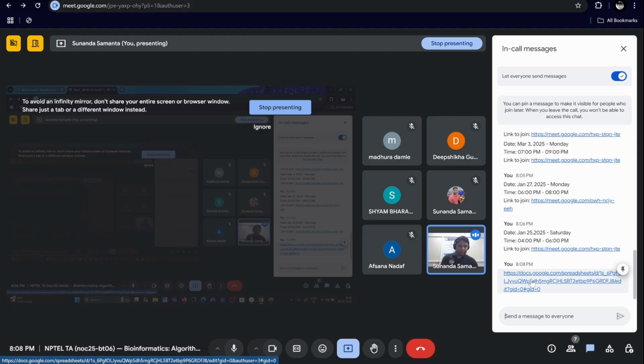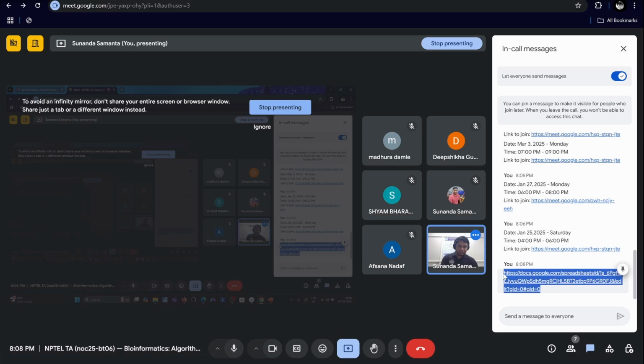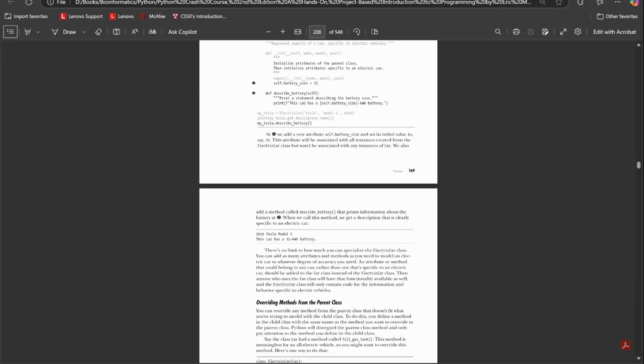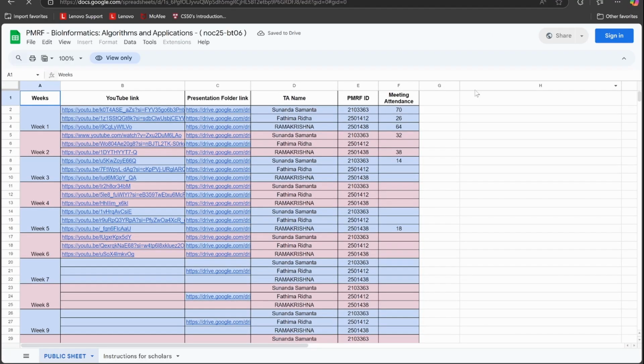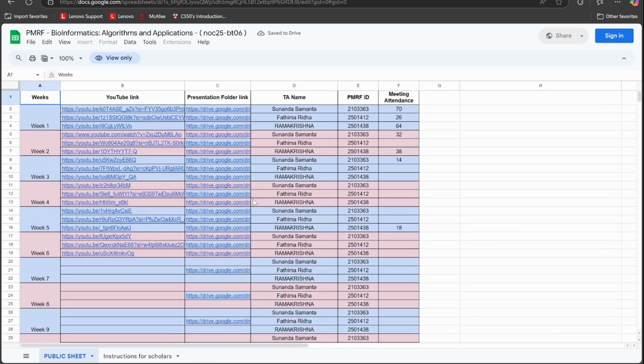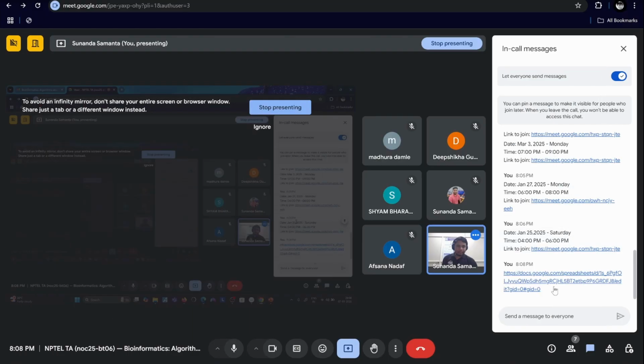So this document basically should lead you to the shared spreadsheet where you can get all of the recording links and so on. Yeah, I think it works. Okay. And these should be the two classes for Monday 6 to 8.